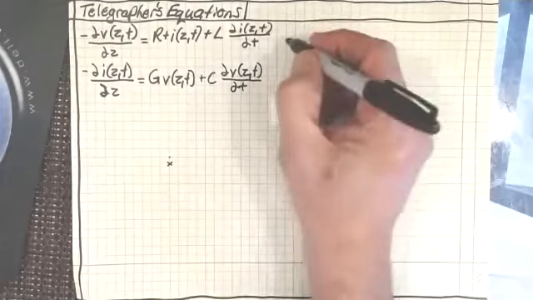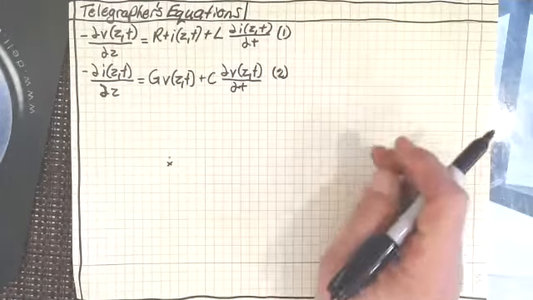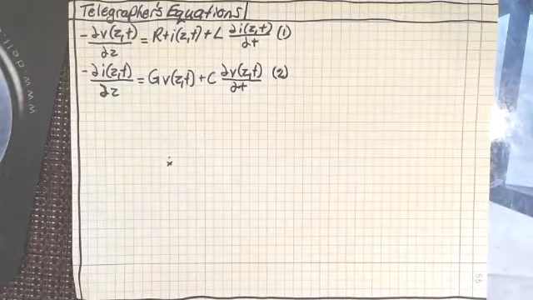Okay, so those are the Telegraphers equations.